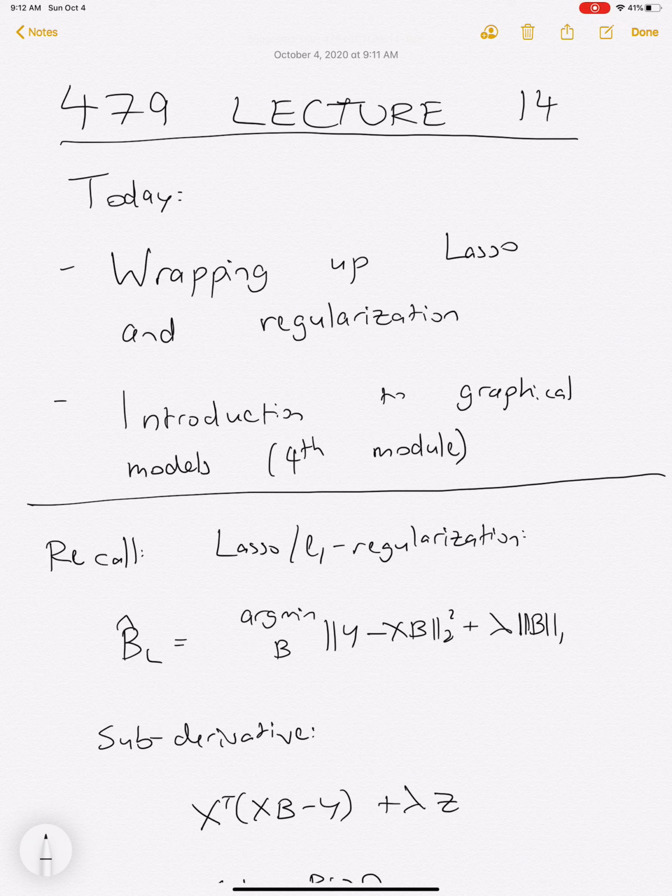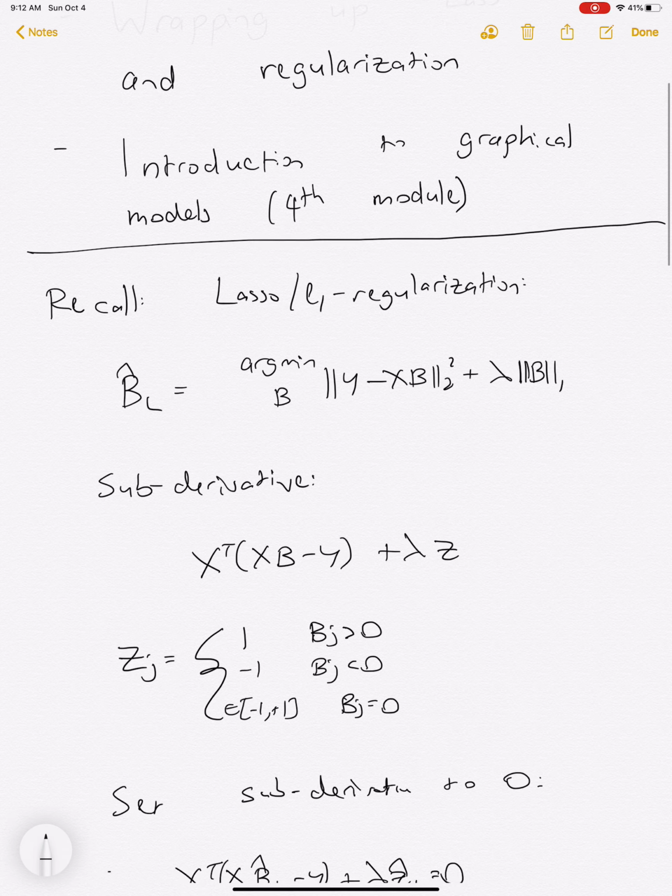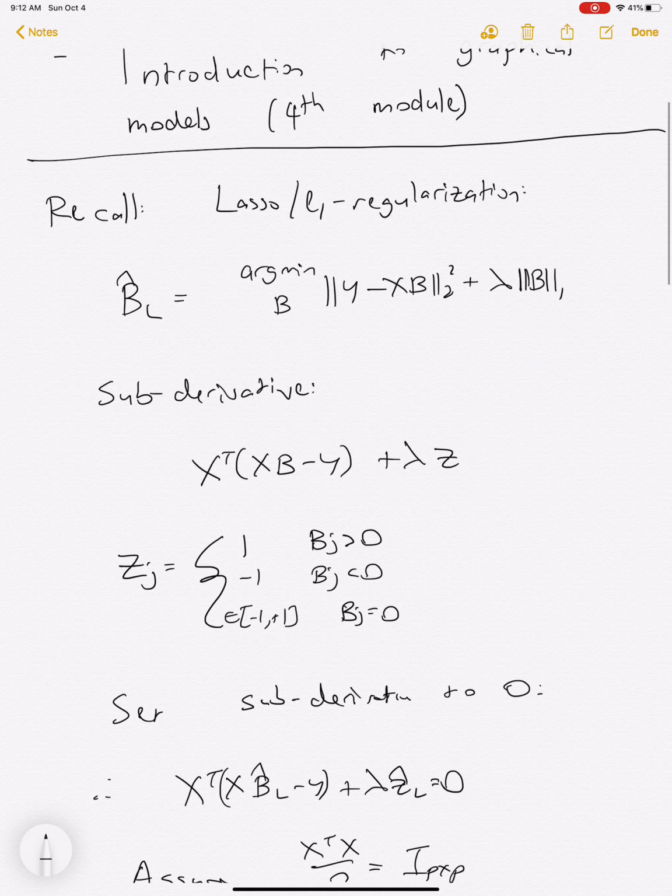So we've spent quite a bit of time on this topic of the lasso and L1 regularization because it's a very important topic, and as we've seen in the last couple of lectures, it also introduces a number of key concepts that potentially are new, because we have this L1 norm, which is non-differentiable, and so that introduces notions like subgradients and so on.